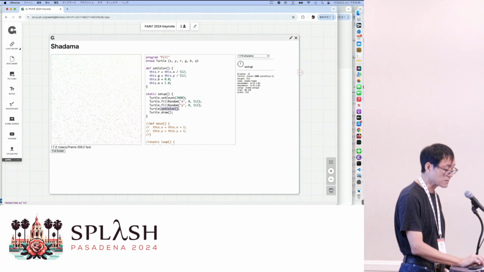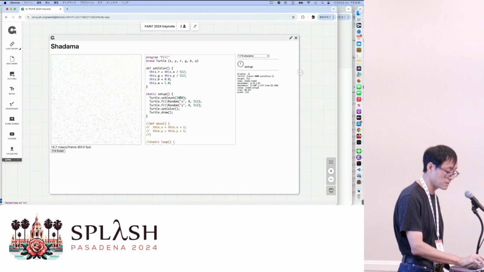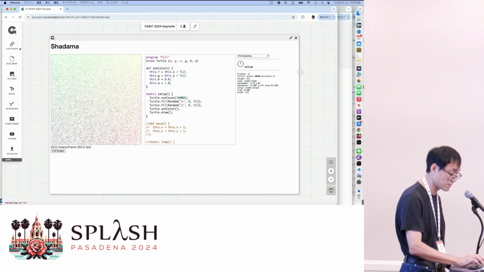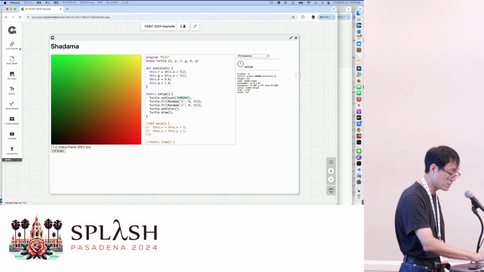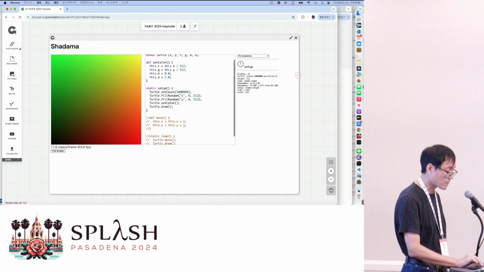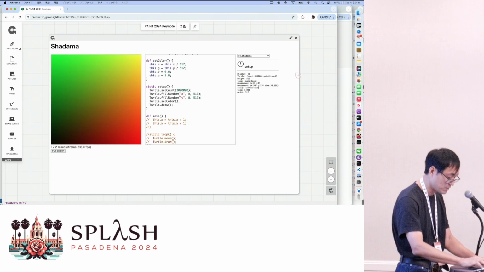And set color here says based on the X and Y, they get different R and G values, and draw. So 3,000 particles is hard to see, but I can say 30,000 or 300,000 or 3 million. And so there are 3 million particles, and this is live programmable.